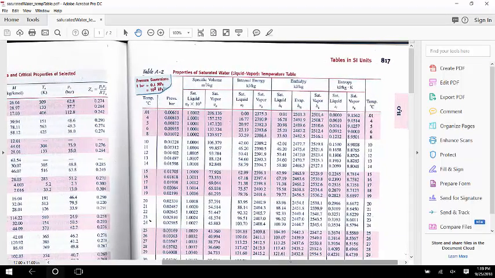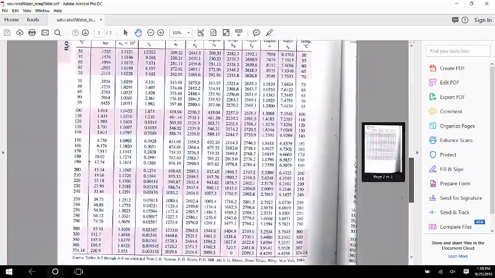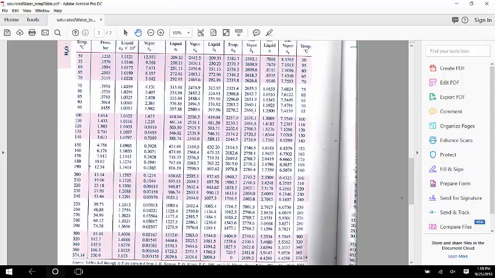And we want 63 degrees. So scroll down until you get into that ballpark. The two closest values that bracket 63 are 60 and 65.